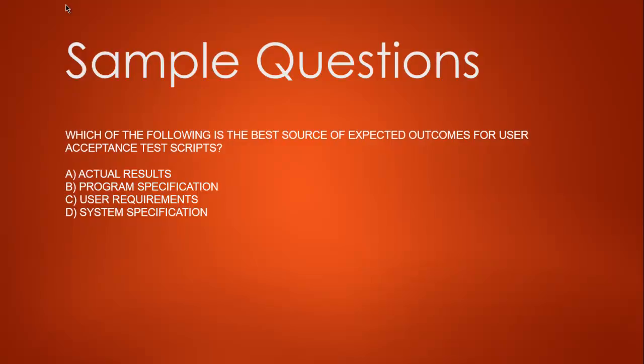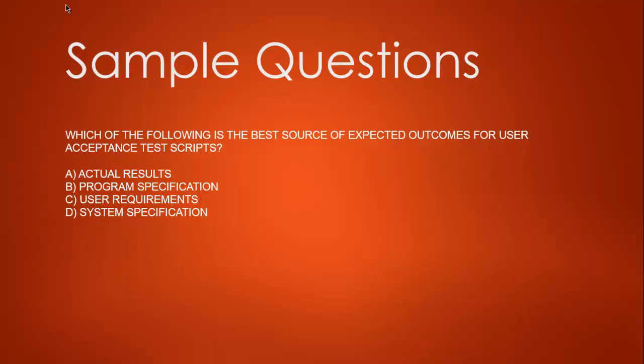Okay, so actual results are not a good source for expected outcome because often we are not exactly sure of those actual results. For example, some scripts require you to assume the expected outcome, so you don't know the actual result. So A is ruled out.